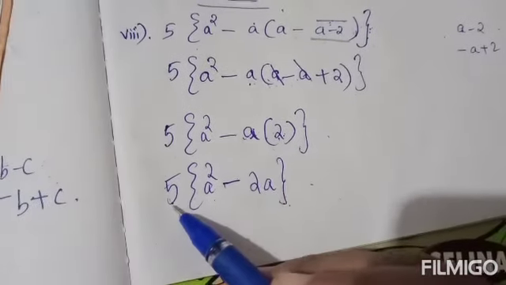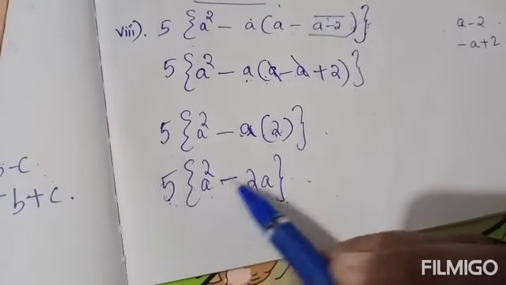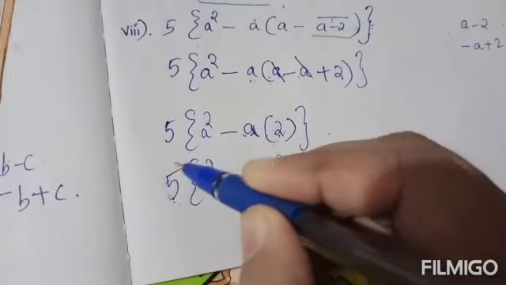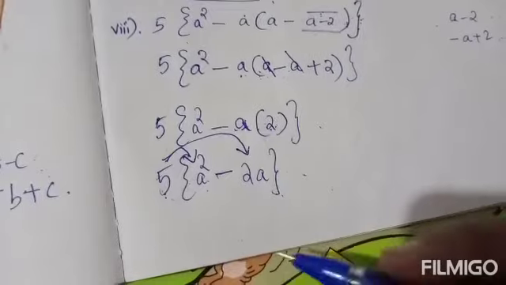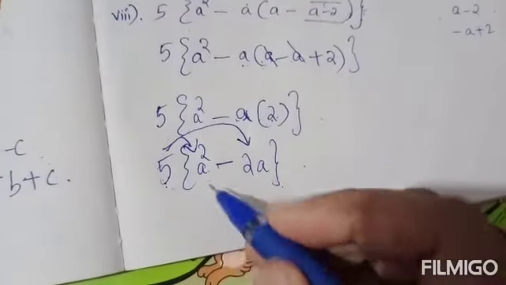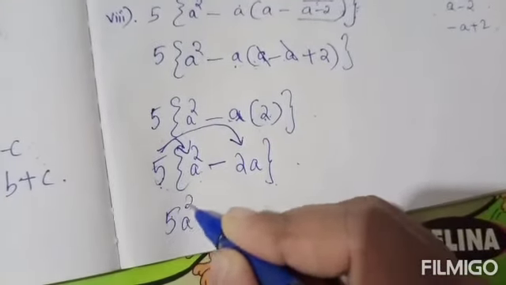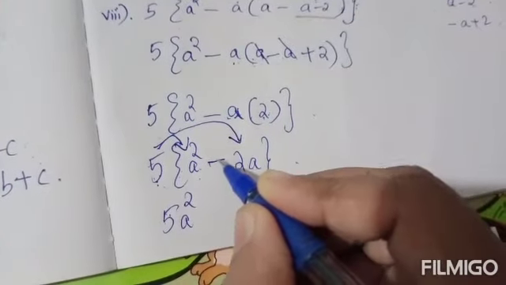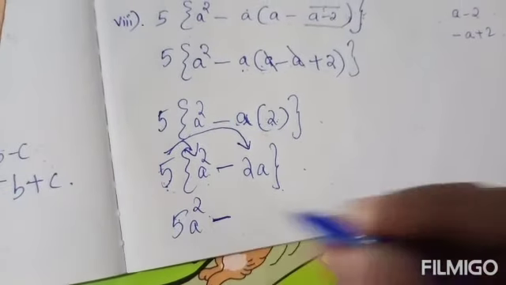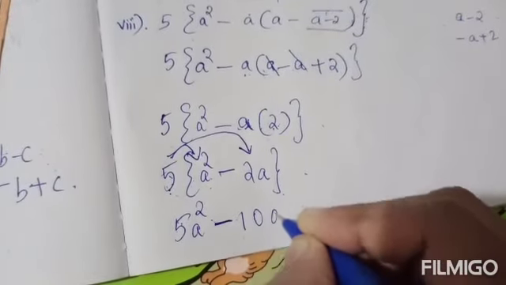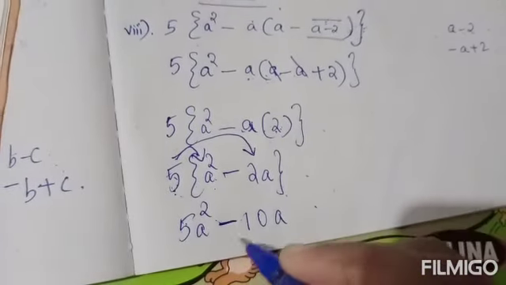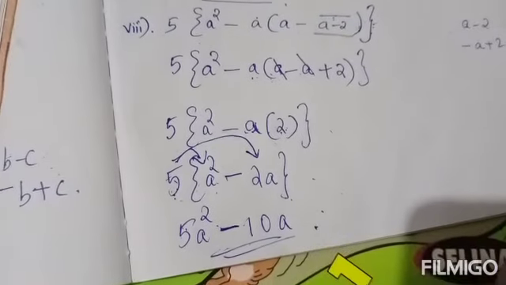That is, 5 is multiplied by all the terms inside the bracket. So 5 into a square, 5 into 2a. So 5 into a square you will get 5a square. Here the sign is minus, so you can put a minus sign here. Now 5 into 2a, it is 10a. So the answer is 5a square minus 10a.